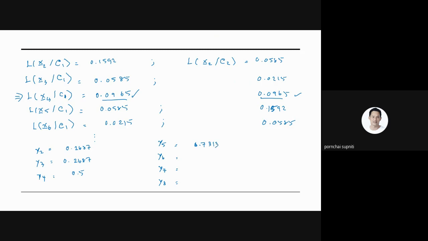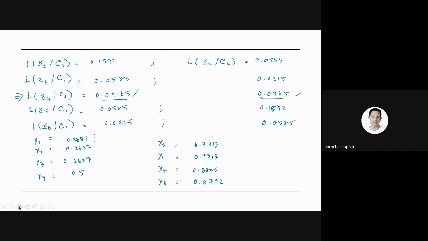I used MATLAB to compute it. And here 0.7313. Gamma 7, 0.8805. Gamma 8 is 0.8792. And if I write down gamma 1 as well, gamma 1 earlier was 0.2687 as well.